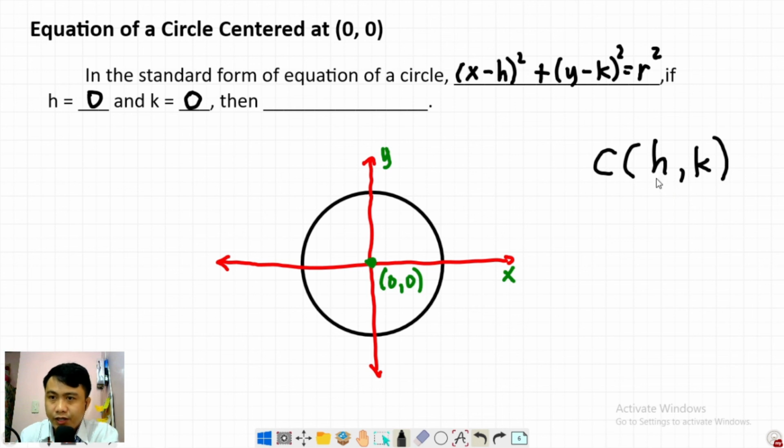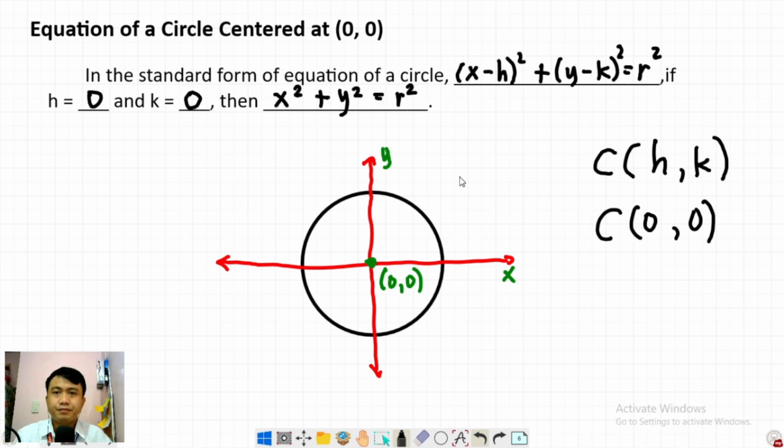This is your x-coordinate, this is your y-coordinate. Pag sabi dyan, pagka ang h mo daw ay 0 at ang k mo ay 0, ibig sabihin, lahat ng h dito at lahat ng k dito ay 0. So, (x minus 0) squared is x squared, plus (y minus 0) squared is y squared, is equal to r squared.